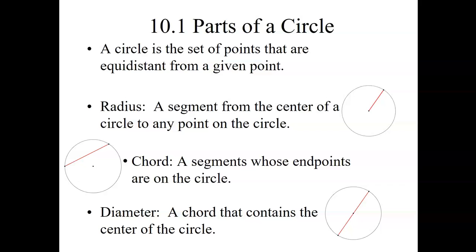A chord is a segment, a secant is not. So if you're writing the name of a chord, make sure you use just a single line. Remember, that's a segment. So if it's like segment AB.